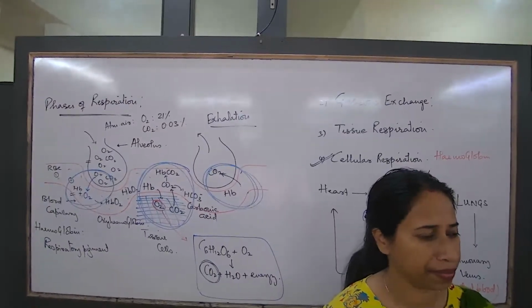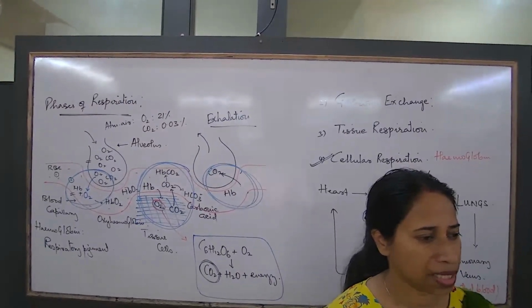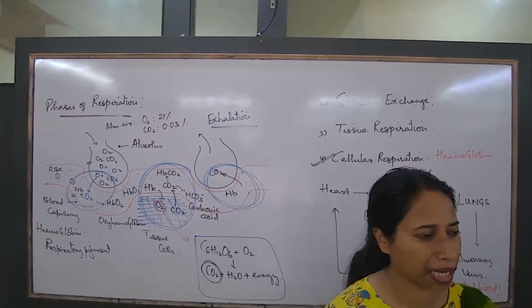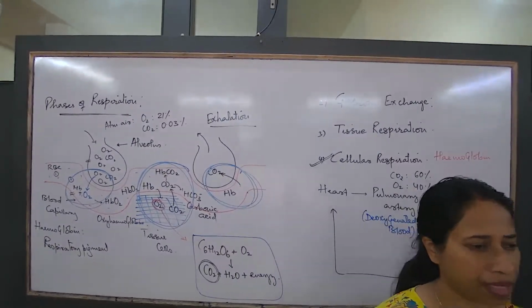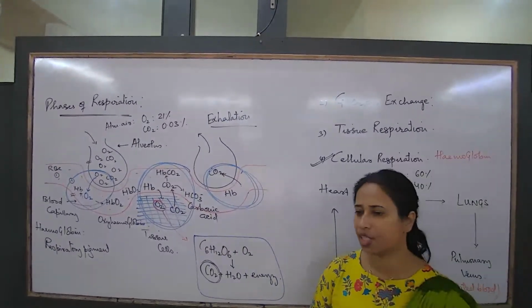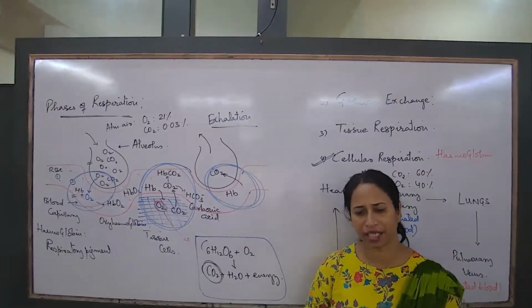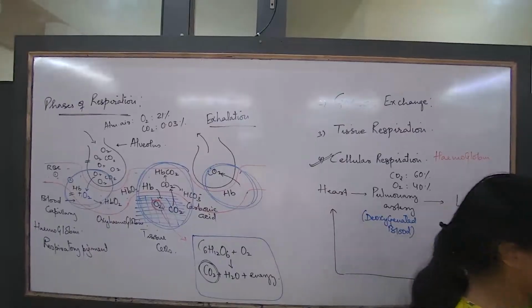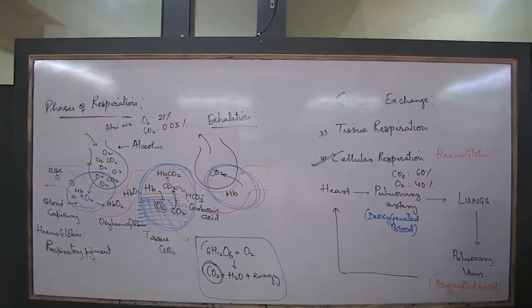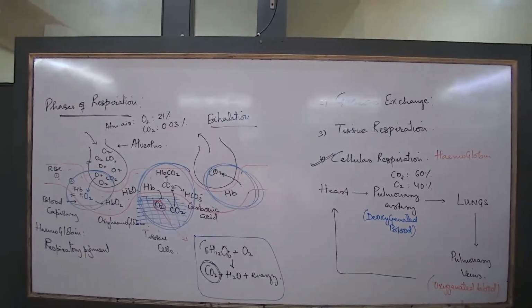What is the temporary compound formed in the blood near the respiratory surface? Near the respiratory surface. Write in brackets for your understanding: lungs. Respiratory surface means lungs. Near the respiratory surface, bracket lungs.